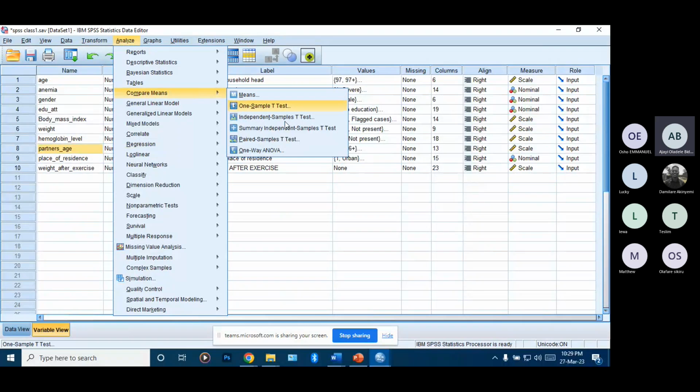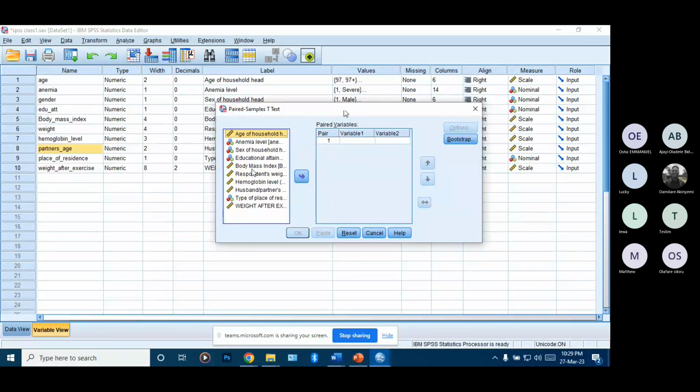The before is the weight of our respondents. Where is it? This guy. Now, after: a month after they start exercising, their weight again, the same set of people. Okay, so we click OK.